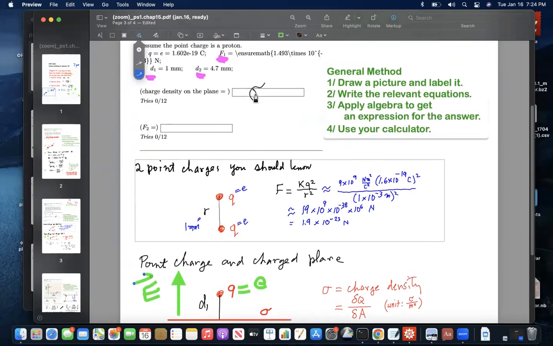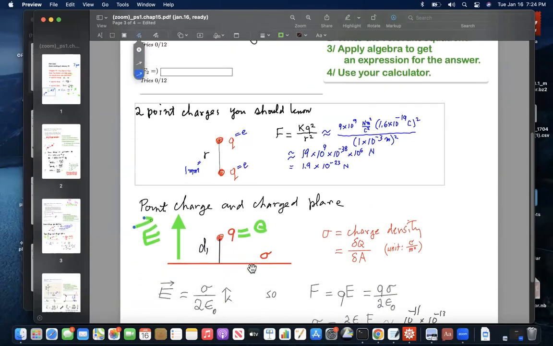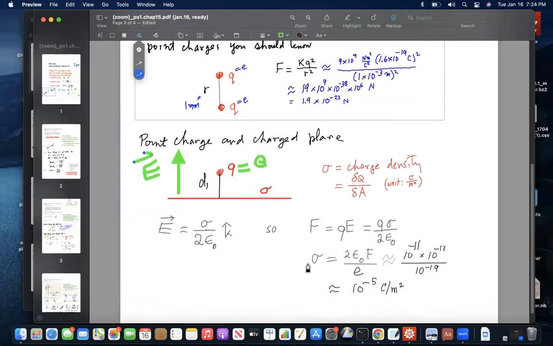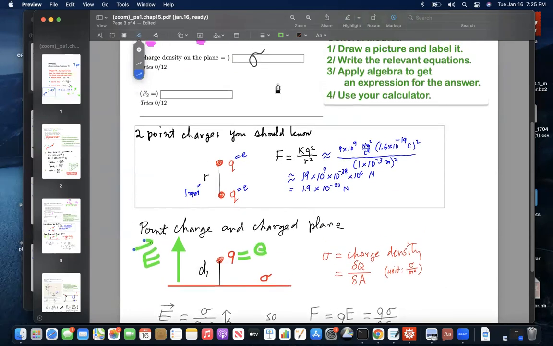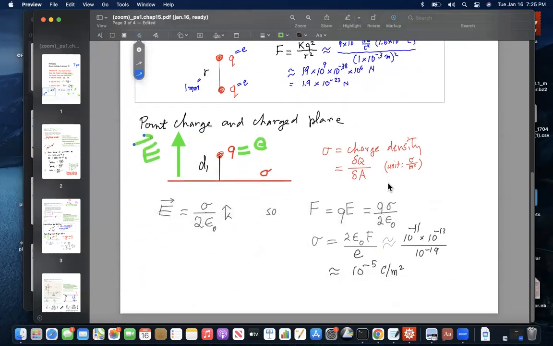Now I'm told what the force is. The force is given, so the unknown in this equation is sigma. So I can solve for sigma. Multiply both sides of the equation by 2 epsilon 0, divide by Q. Q is the same as E. So sigma is 2 epsilon naught F over E. Epsilon naught is about 10 to the minus 11 in SI units. F is given up here as 10 to the minus 13 newtons.